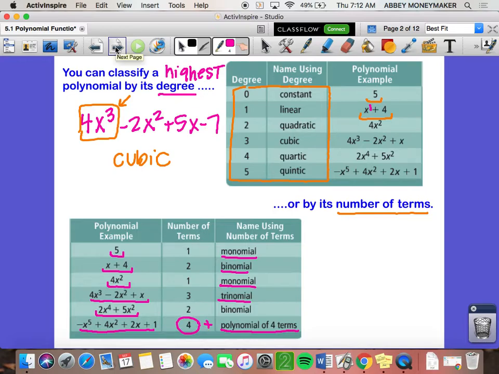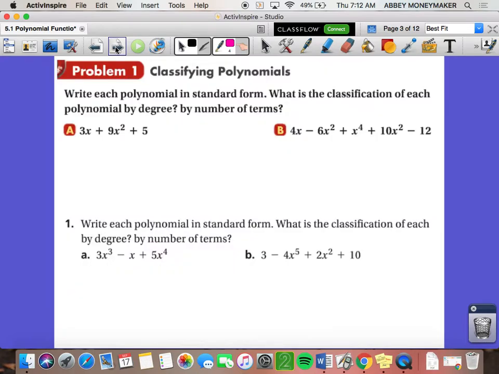So on this next slide here, let's put this into action. It says write each polynomial in standard form, and then what is the classification of each polynomial by degree and by the number of terms. So on A, we want to write this in standard form, so I'm going to write my highest powered term first, followed by that 3x, and then plus 5. Again, if you want to put that 1 there, you can, but you really don't need to.